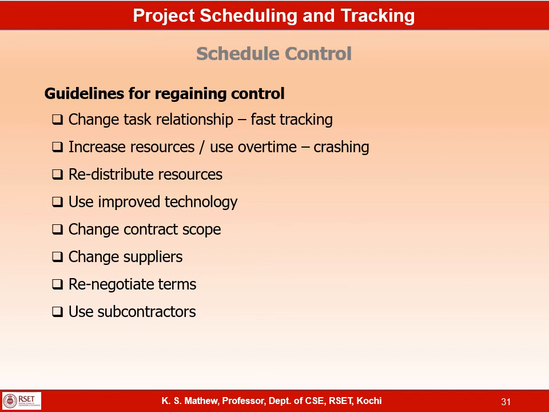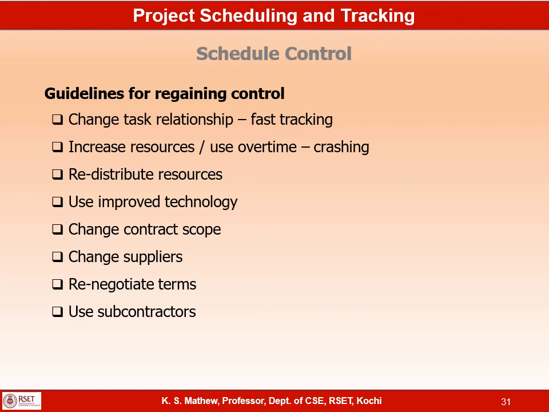But if you find that there is a slippage in the project, you can try to make those activities parallel. Instead of waiting till completing the design, you will start the coding even if the design is not 100% complete. You will start coding of modules for which the design is already complete, and by the time you complete that module, their design may be completed so that you can continue with further development.